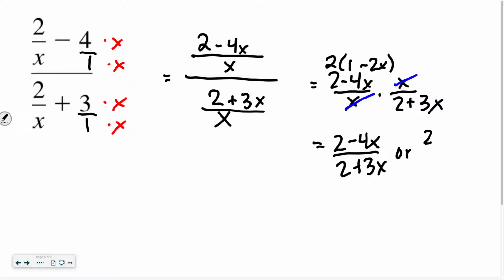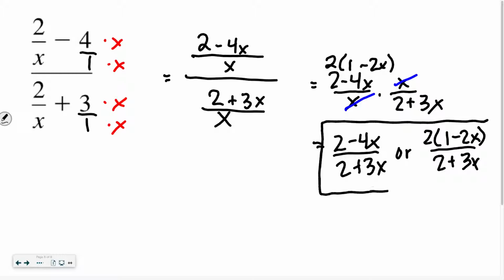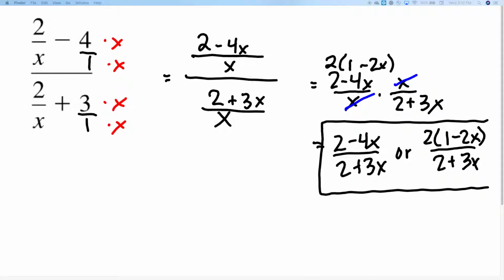Or if you want to write it in the factored form, 2 times 1 minus 2x over 2 plus 3x. Beware of getting cancel happy. You must check that you have factors, not terms, in order to be able to cancel. Okay, I'll give you some time to work on your homework assignment.